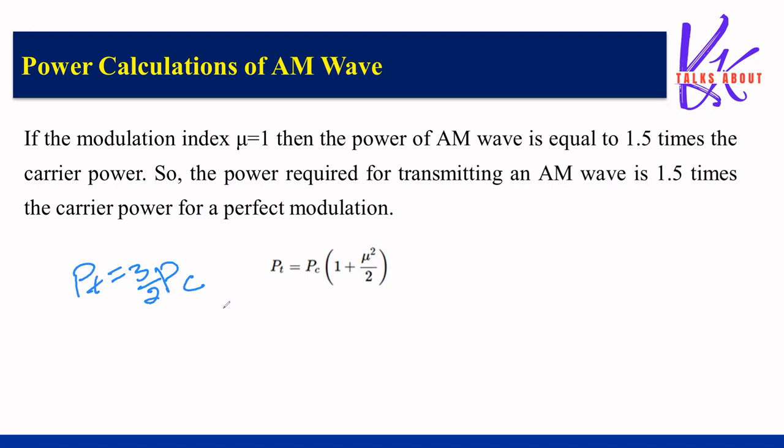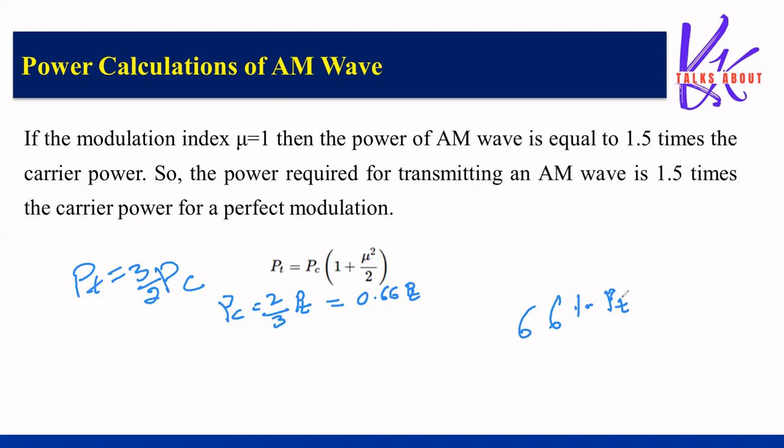Now, let us see the carrier power. PC is equal to 2 by 3 times your PT. That means the power consumed by your carrier is 66%, 0.66 times your total power.